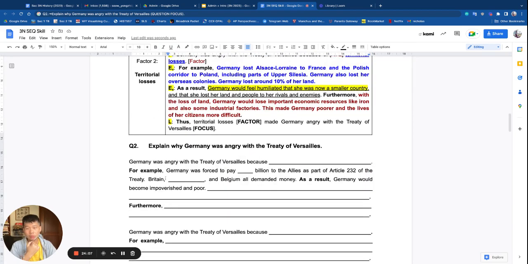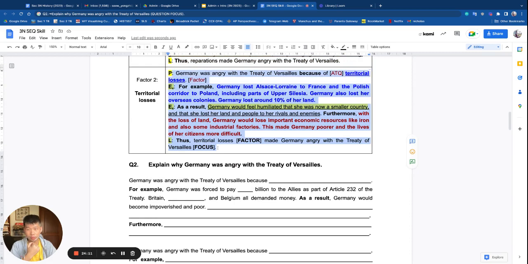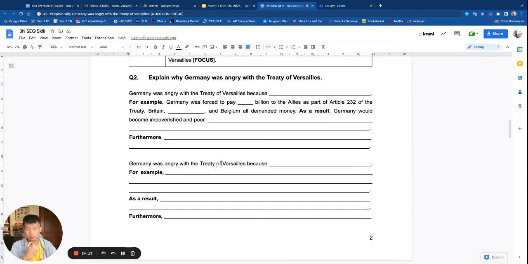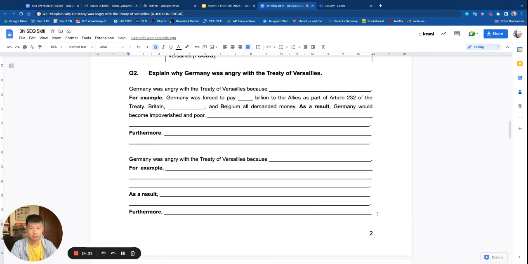Copy it into this paragraph. And copy the second paragraph, factor 2, into this paragraph. And after you copy the whole thing, you will see how the essay is structured. Okay, so that's what I do for page 2.